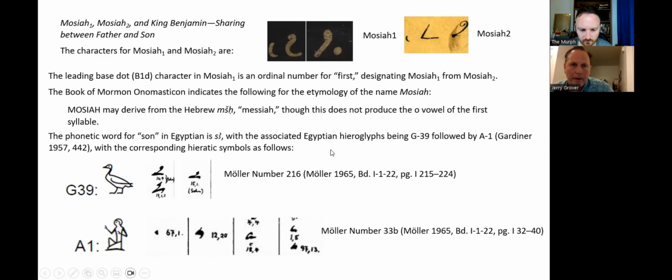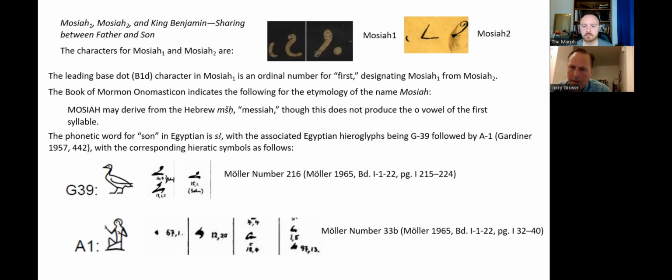The corresponding hieratic, to make up this word, is this G39 followed by an A1. Here are the hieratic G39 and the A1, the different forms of that glyph in the hieratic. You can see there's some variation, because hieratic changed a little bit through time too.